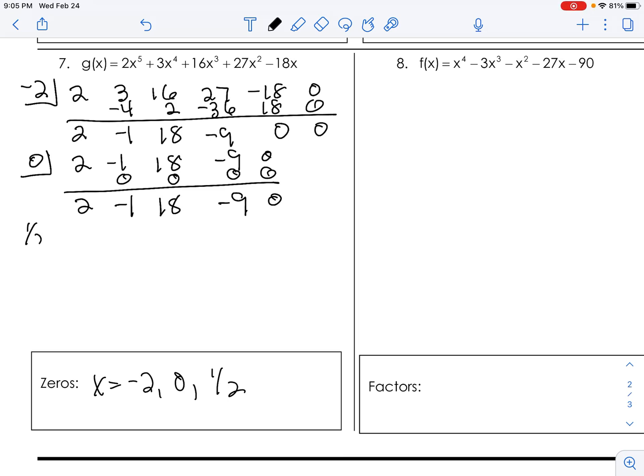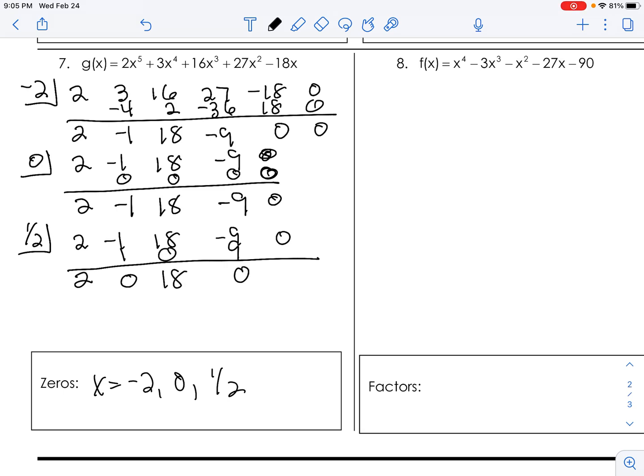Okay, so now our last one is a half that goes in the house. And so that's 2, negative 1, 18, negative 9, 0. I should have had that 0 there because it was negative 9 times 0 is 0 plus 0 is 0. All right, last one here. Bring down the 2, 1, 0, 0, 18, 9, 0.